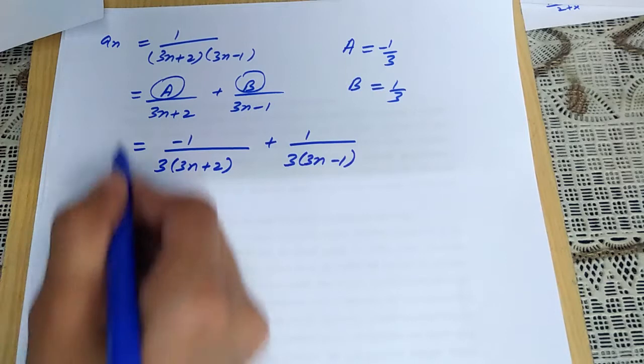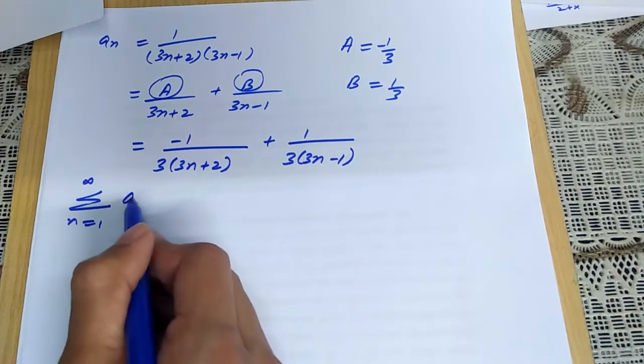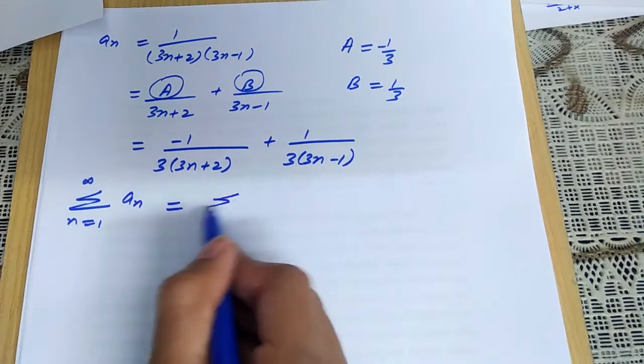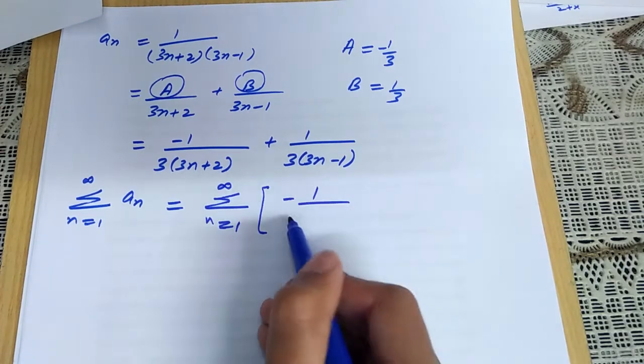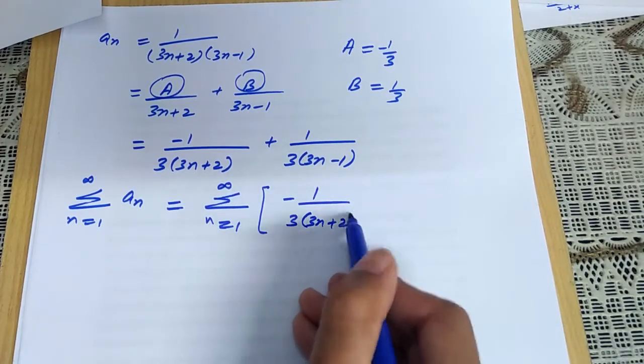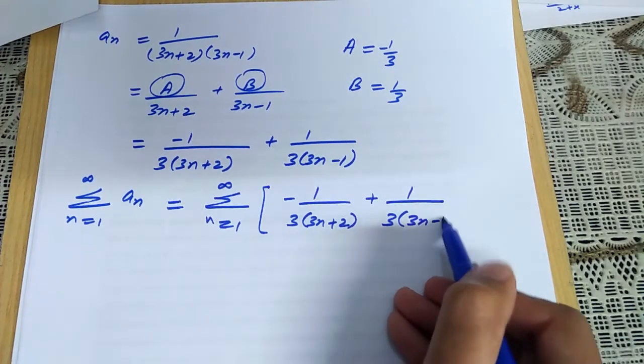Now your series, the sum from n equals 1 to infinity of an, equals the sum from n equals 1 to infinity of minus 1 over 3 into 3n plus 2 plus 1 over 3 into 3n minus 1.